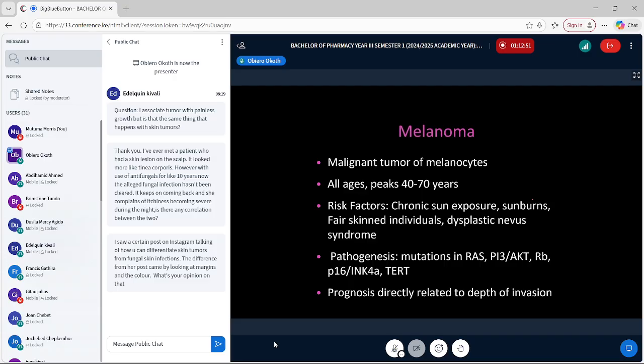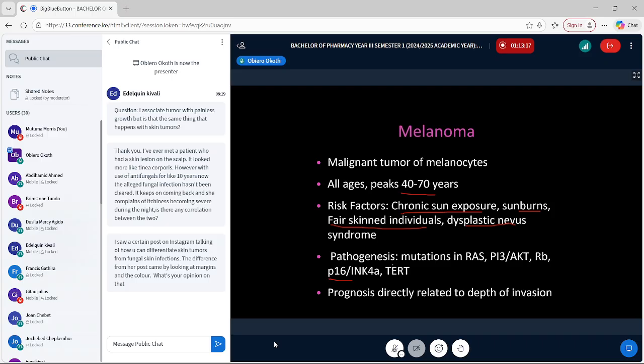Melanoma now. Melanoma is a malignant tumor of the melanocyte. It occurs at all ages, but risk factors are peak sun exposure, sunburns, and fair-skinned individuals. Mutations involve RAS, BRAF, RB, cyclin-dependent kinase inhibitors, and even telomerase enzymes.